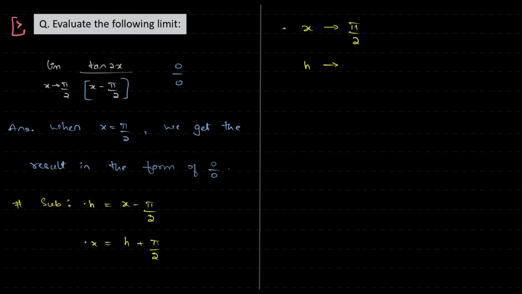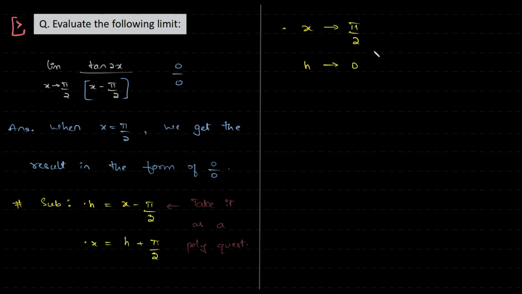Similar to whatever we handled when it came to polynomial expressions, we end up with substituting pi by 2 over here and h will be equal to 0.